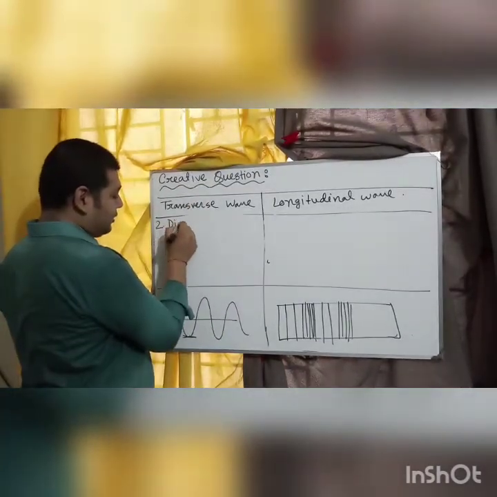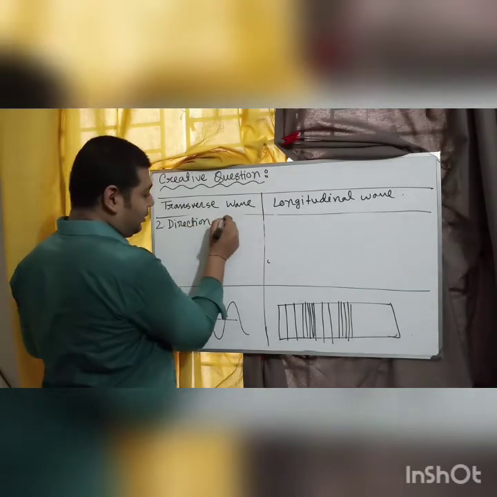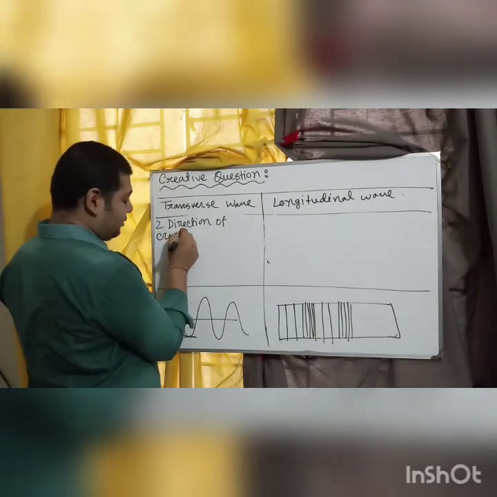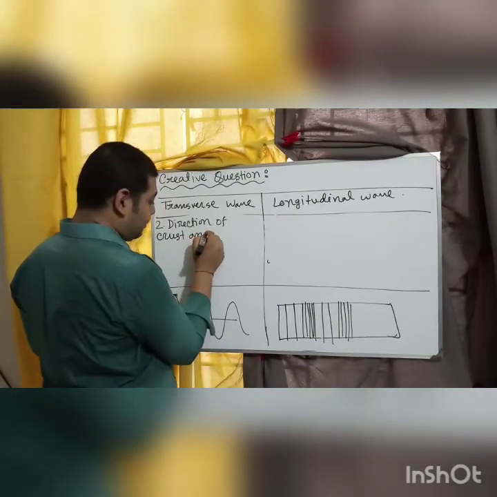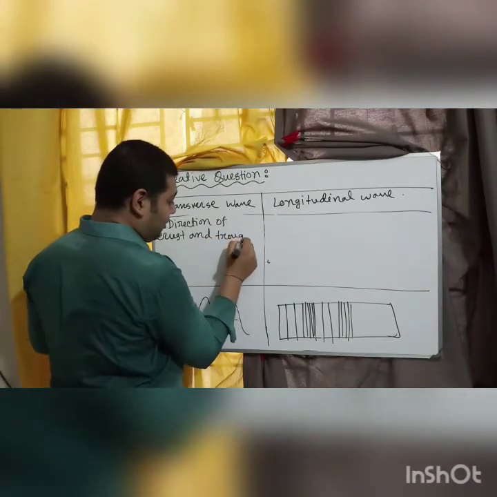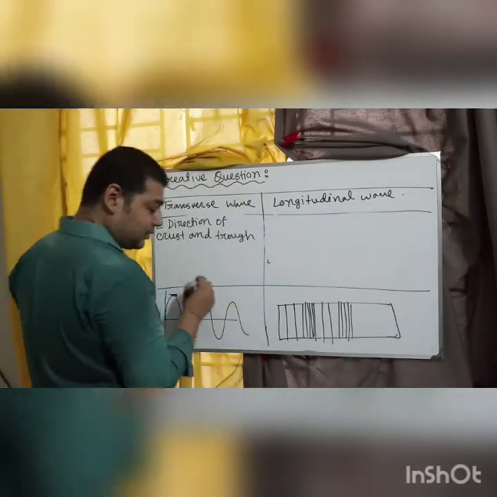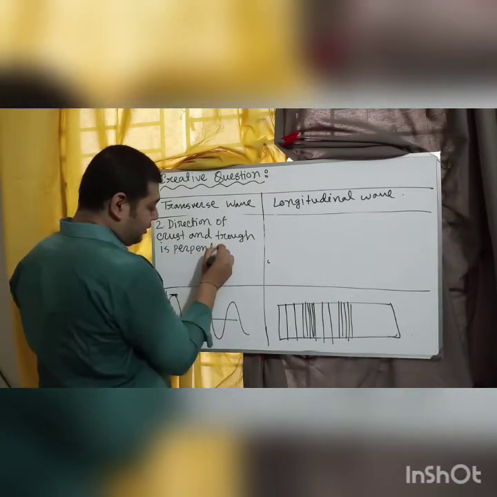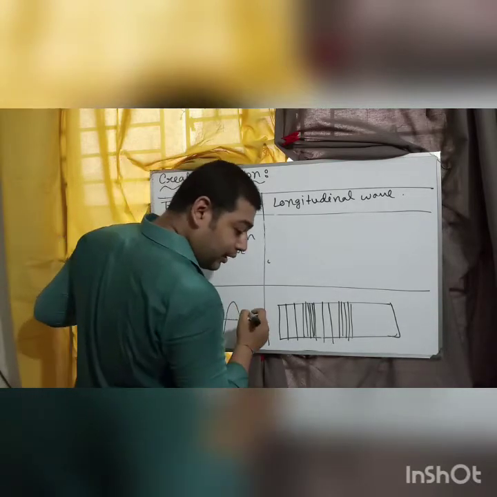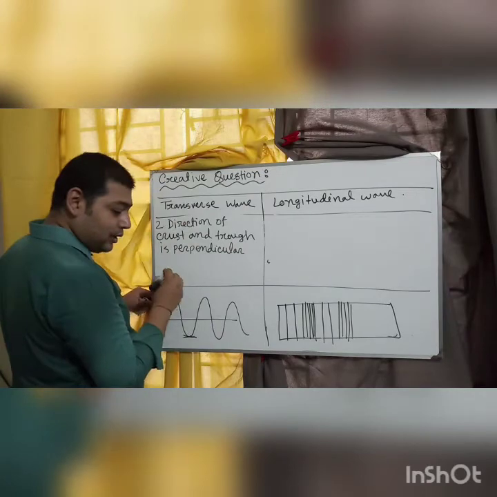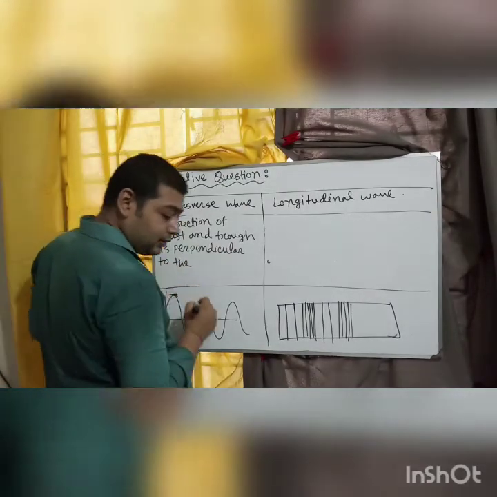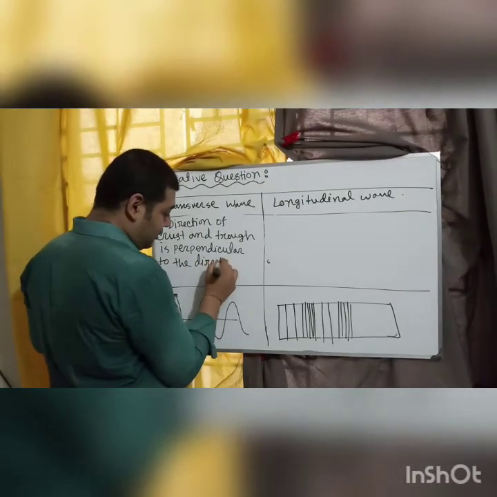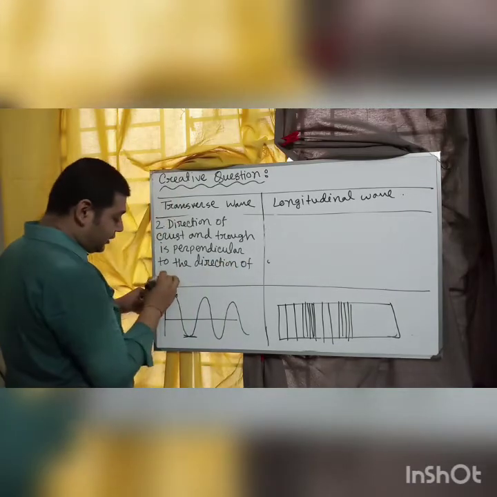Okay, so number 2. For transverse wave: the direction of crest and trough is perpendicular to the direction of propagation.